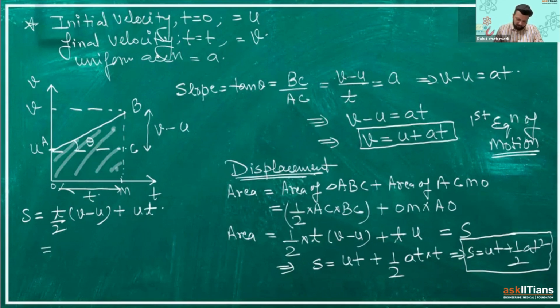From the first equation of motion, instead of T, you can write V minus U upon A.